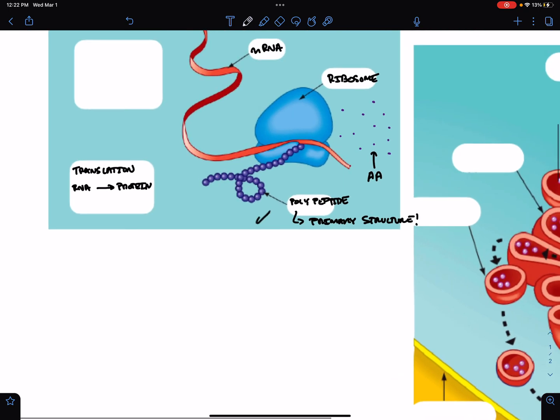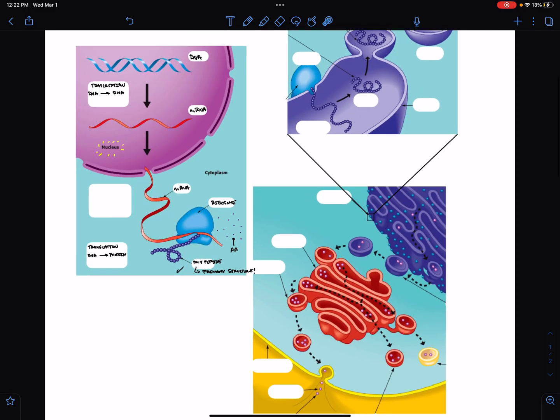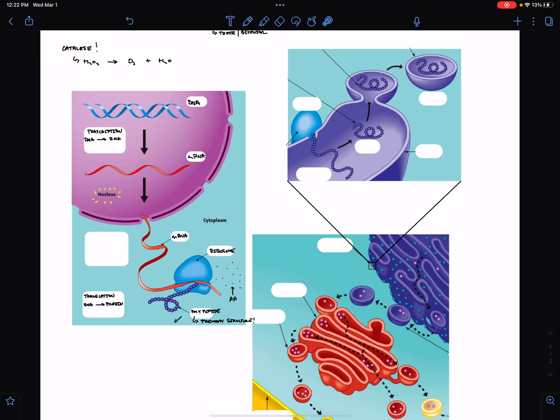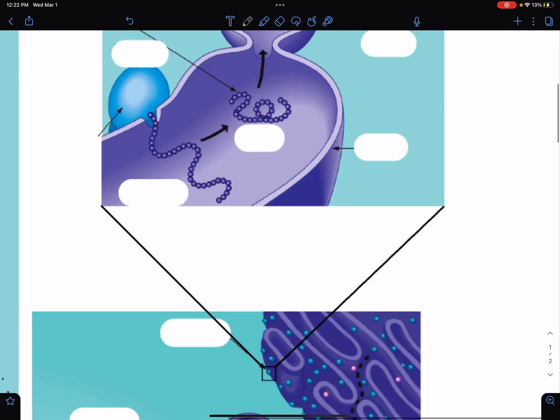Now, if this protein is destined for the cytoplasm, the ribosome is going to stay in the cytoplasm and synthesize its polypeptide, and there are going to be what are called chaperone proteins associated with the ribosome, and they're going to fold this polypeptide into a functional protein. However, our polypeptide, our catalase enzyme, is destined to live a life outside of the cell. So instead of translating this message in the cytoplasm, the ribosome is going to move to the rough endoplasmic reticulum, the RER.